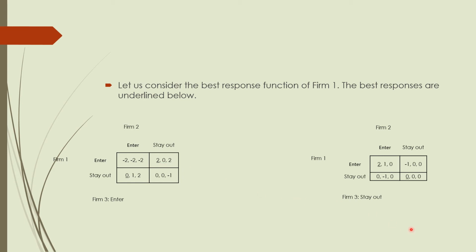Likewise, we can find the best way form 1 can respond to any other combination of strategies of forms 2 and 3. These are all underlined. Hence, we have determined the best response function of form 1. We can similarly determine the best response function of form 2.